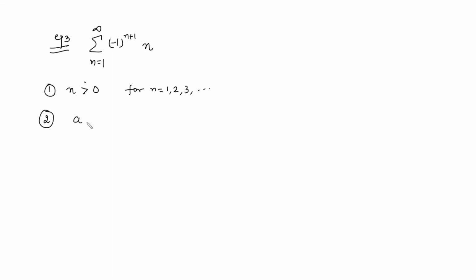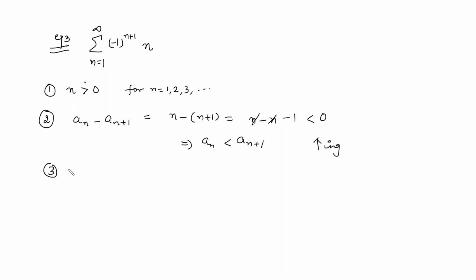But what is the difference of these two? You will have this negative, which implies your an is less than an plus 1. It means your terms are increasing. Also the limit of the nth term is infinity.